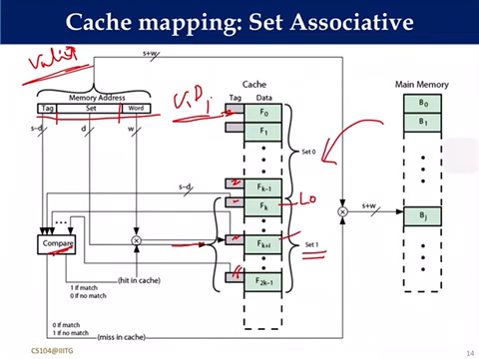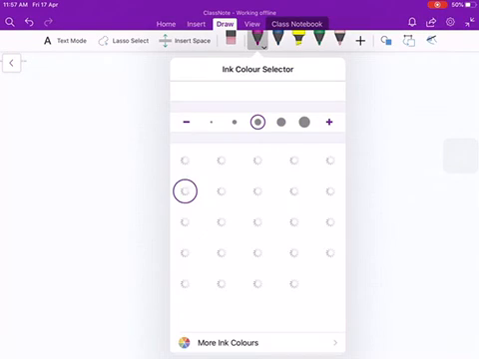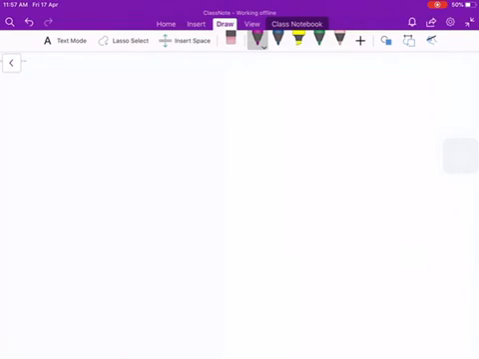Now we have discussed different types of mappings: direct mapping, associative mapping, and set associative mapping. As I was telling, let's say a processor generates a 6 bit address, starting with 00 and then 0000.